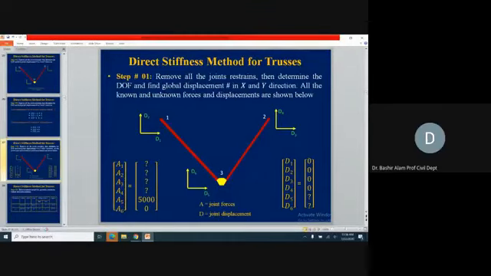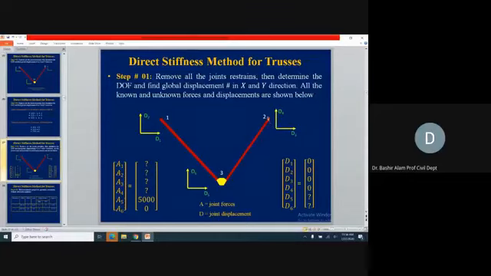Now from the boundary conditions we are putting this. D is the displacement, so D1, D2, D3, D4. This was a hinge support, meaning it did not allow D1 in the horizontal direction as well as in the vertical direction, so from these given boundary conditions D1 and D2 are 0 and 0.